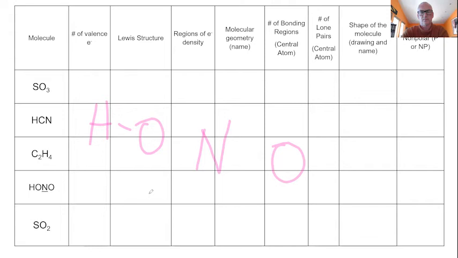Four. How many valence electrons does nitrogen have? 5. Right, so it normally keeps 2 and makes how many bonds? 3. 3, right.